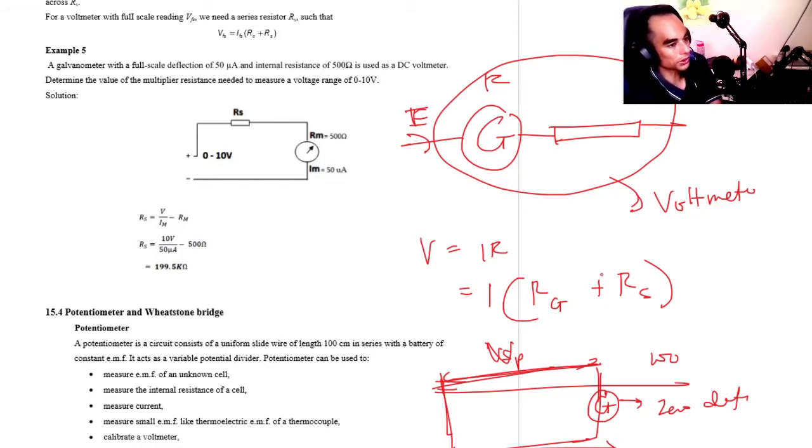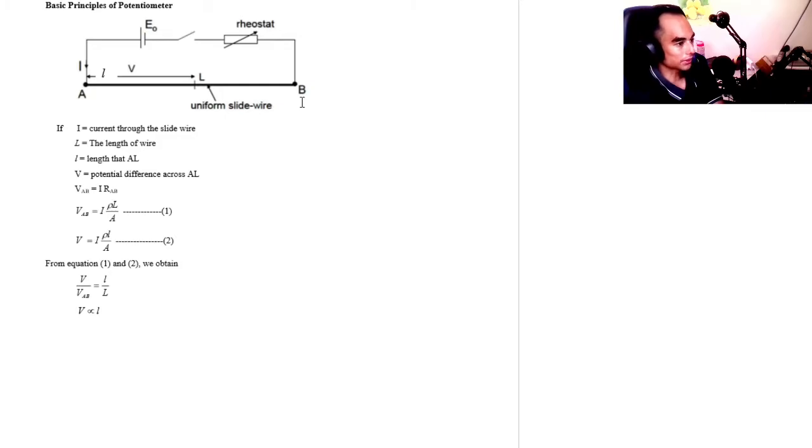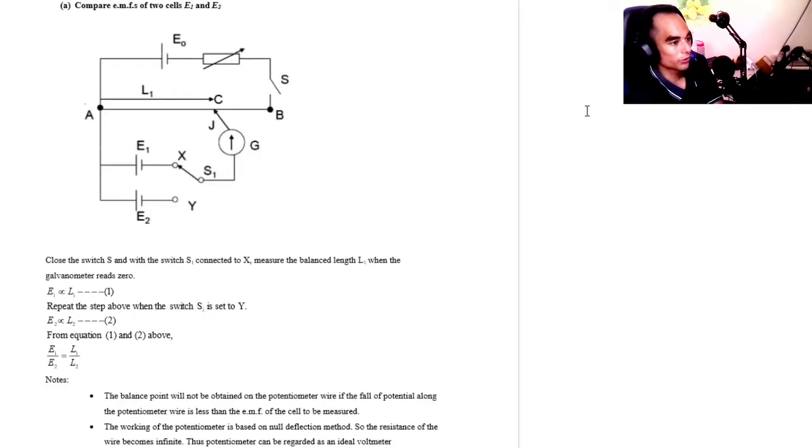Actually, you are making your own voltmeter. Okay. So this is the basic principle of the potentiometer. Okay, and we can compare two cells, E1 and E2.